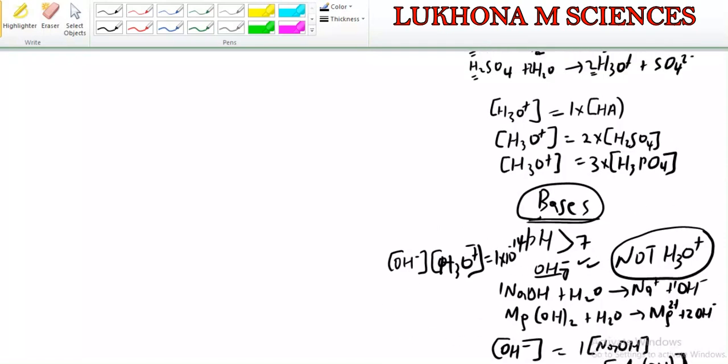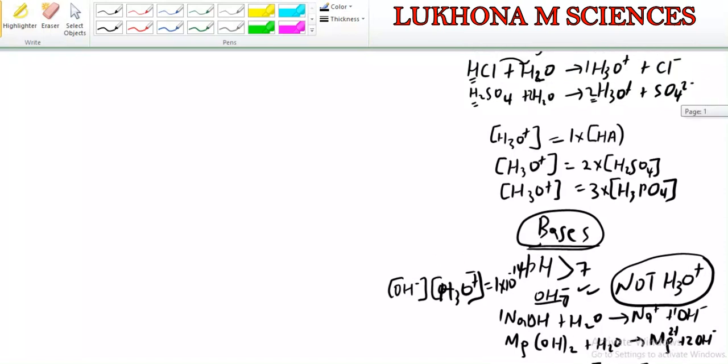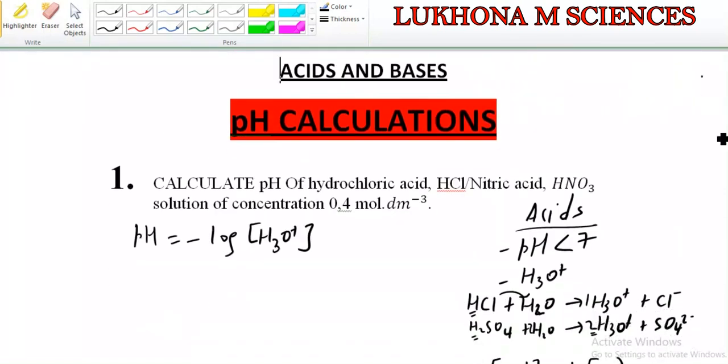Now let's go to the question straight. In this question, they say calculate the pH of hydrochloric acid that has the concentration which is 0,4. This is the formula for calculating pH. Now we are given the acid, which means we are going to use this one.